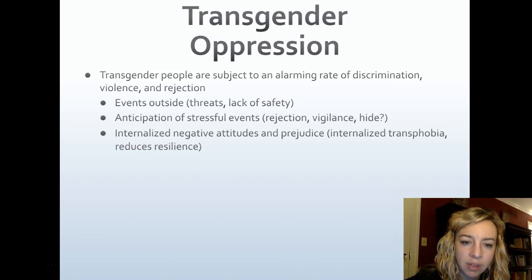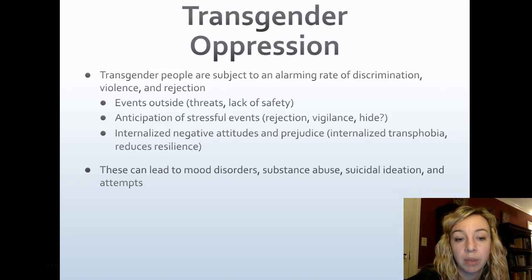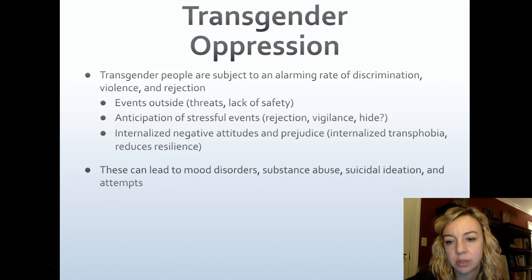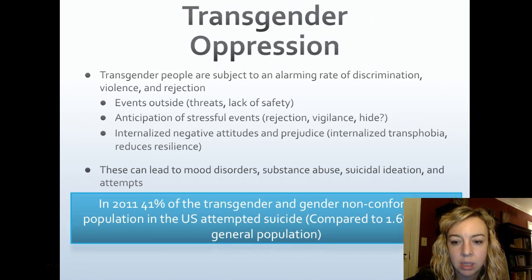And these outside events, these threats, are real, and there are alarming rates of housing discrimination and healthcare discrimination, which makes homelessness and other violent activities towards transgender folks more common. This leads to mood disorder, substance abuse, suicidal ideation, and attempts.